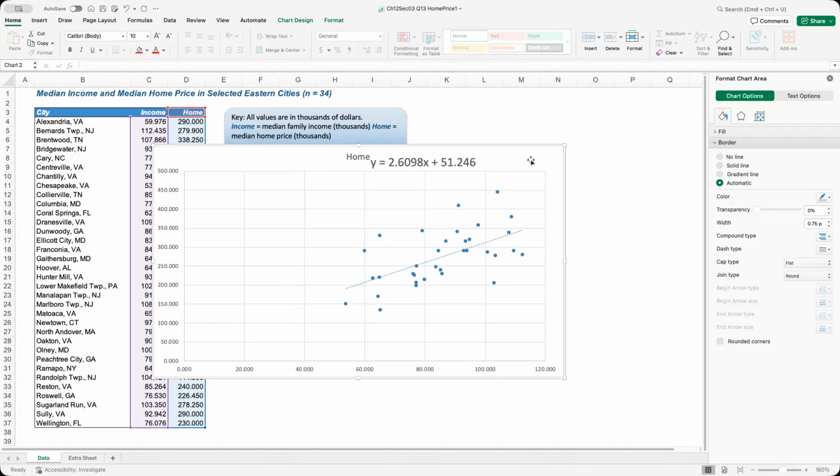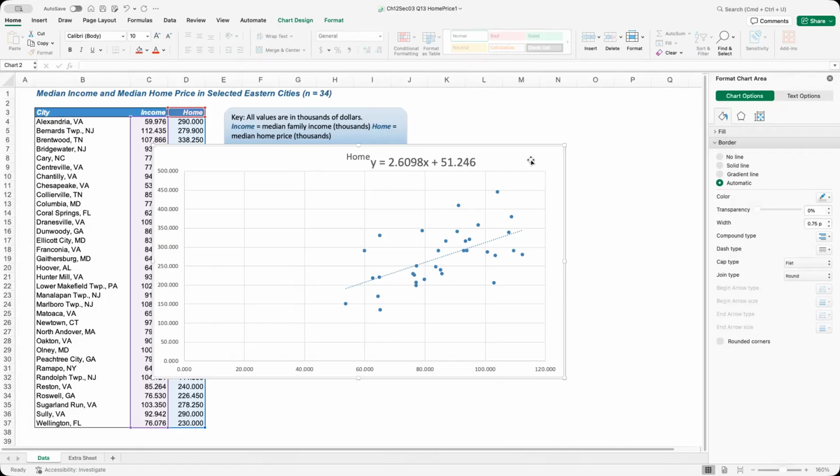They go up by 2.6, 2.6 thousands of dollars. I knew from my ANOVA that I could just say, hey, things are going up. But now I can tell you exactly how much. For every $1,000 increase in median income, there should be a corresponding $2,600 rise in home prices.